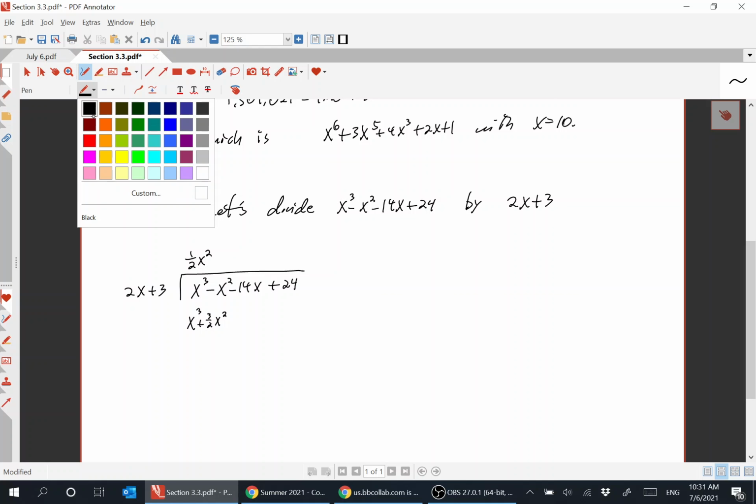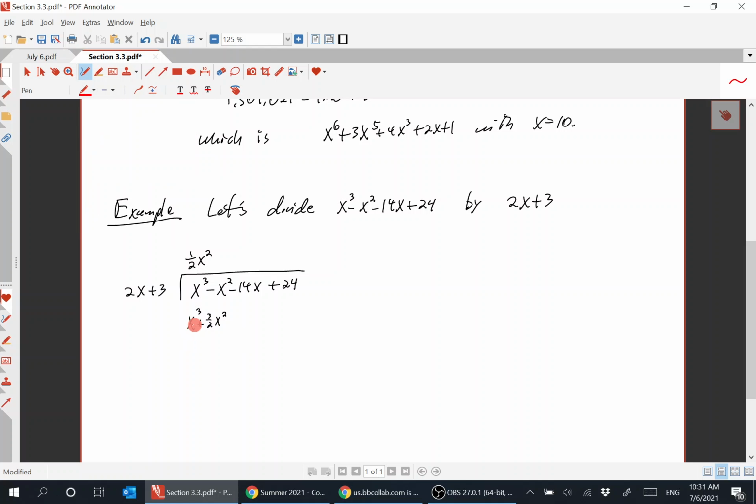Right, so that is, let me do it in red. So x to the third plus 3/2 x squared. So that is 1/2 x squared times 2x plus 3.